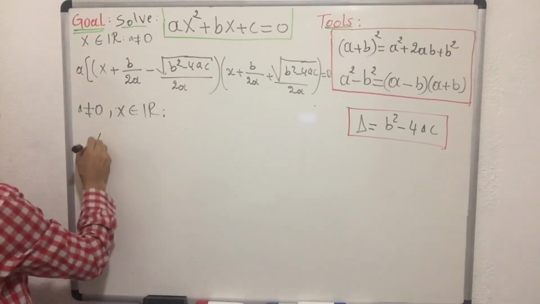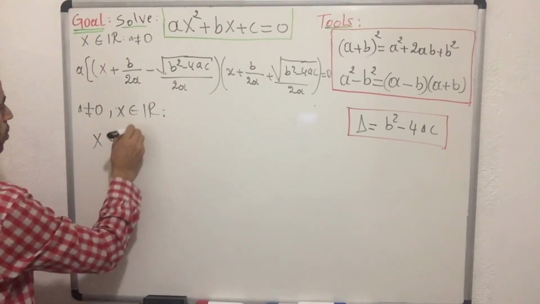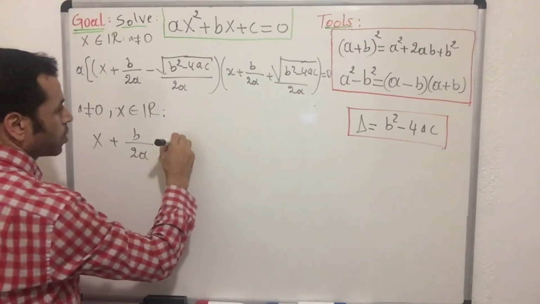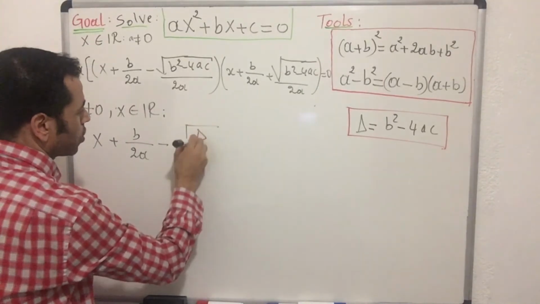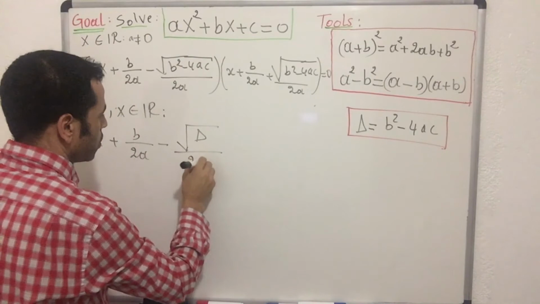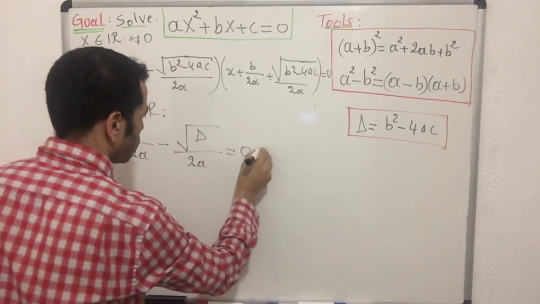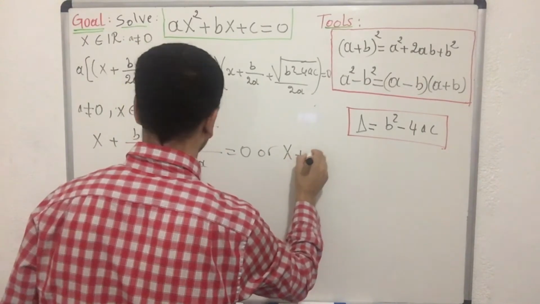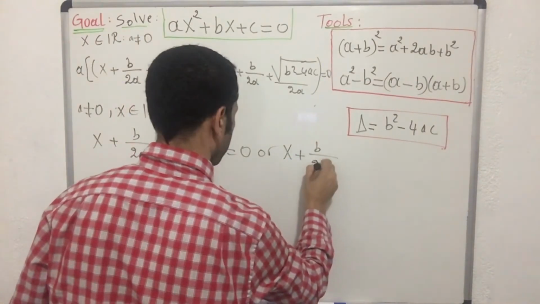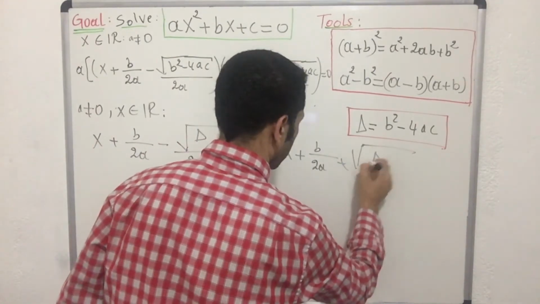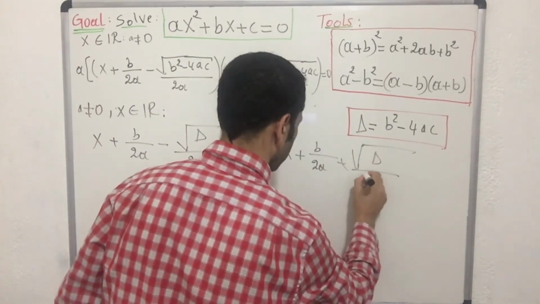We have x plus b over 2a minus square root of delta over 2a equals 0, or x plus b over 2a plus square root of delta over 2a equals 0.